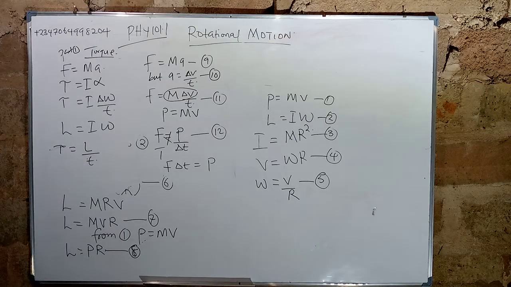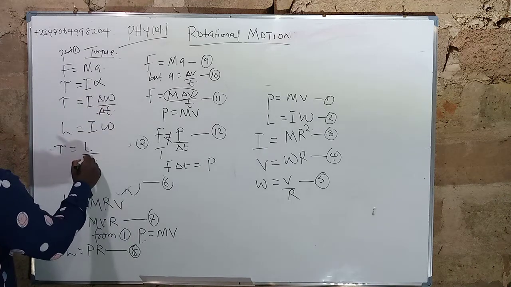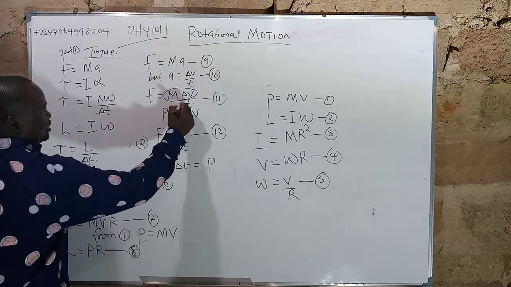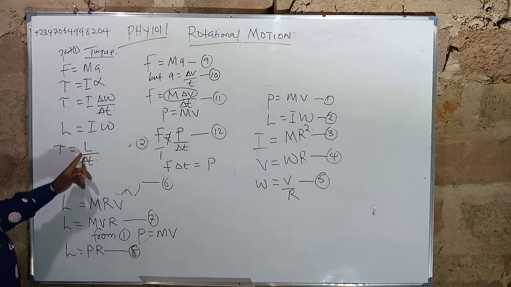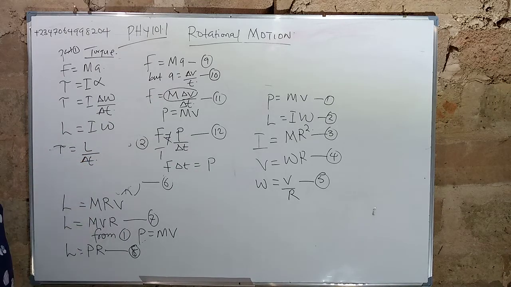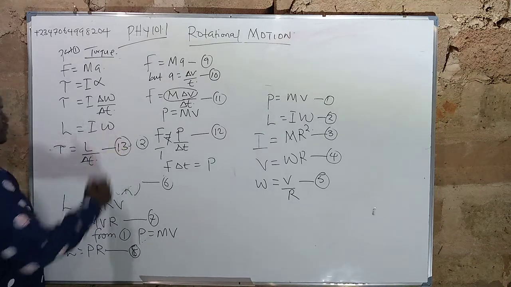So it means that, let me also include change here, change in this place. Now it means that torque is equal to change in angular momentum all over change in time. That is another equation on its own, and let me call it equation 13.